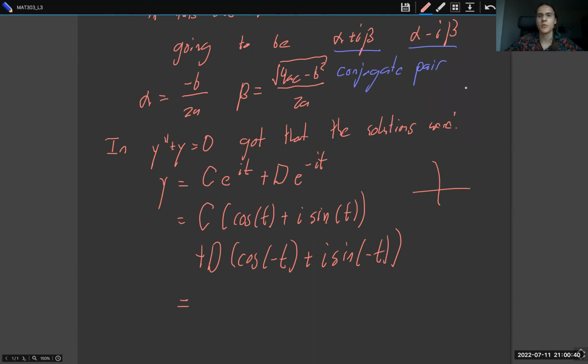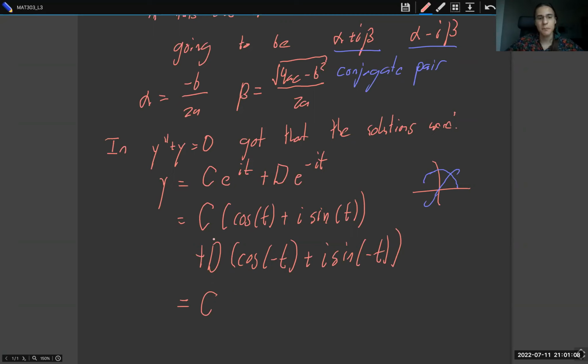And so to remind you, cosine looks like this. If you take cosine of minus t, what is that equal to? Cosine of t. Yeah, so we get c cos t. Let's actually group these together.